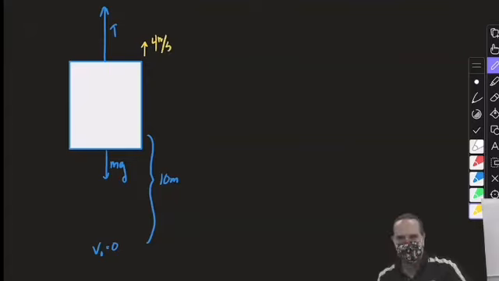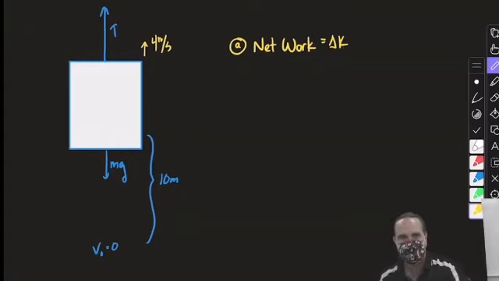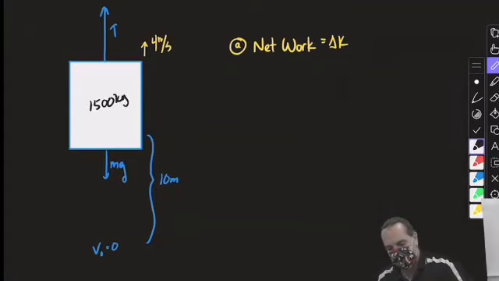How much net work is done? That's question A, I believe, or total work. Total work is another word for net work, which is going to be the change in kinetic energy. That's all you have to find for this one. So it's a 1,500 kilogram elevator.